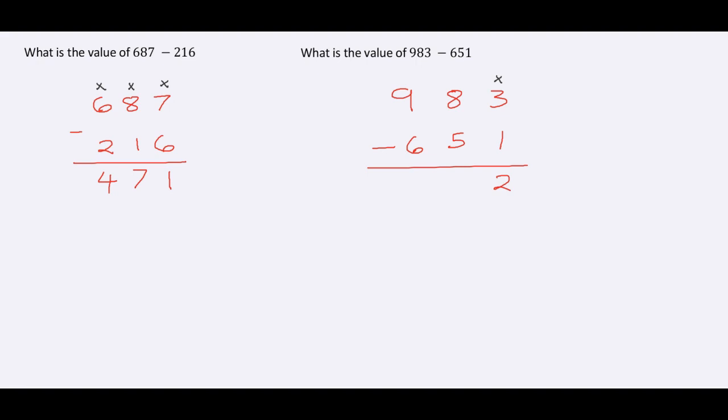We move over to the next column on the left. 8 minus 5, we have 3, and then to the next column on the left, 9 minus 6, we have 3.